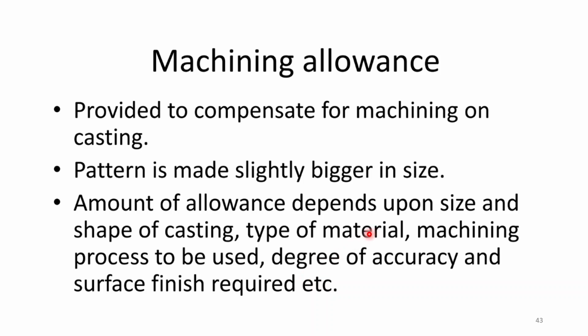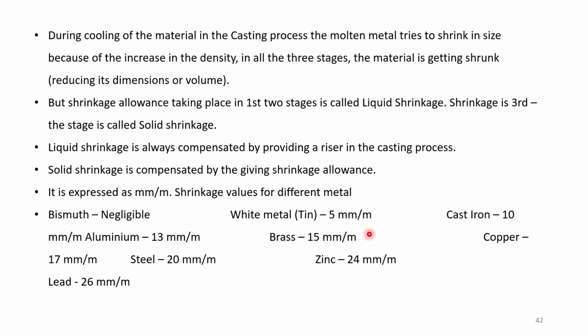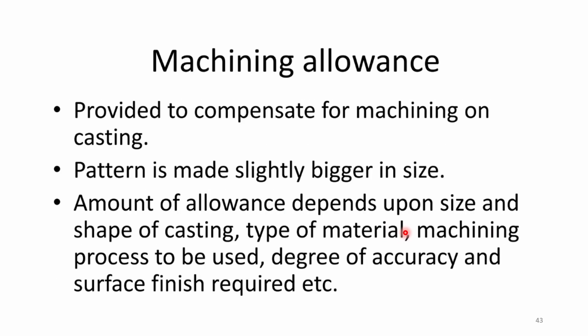Some materials require more machining for surface smoothing. It also depends on the machining process you are using, the degree of accuracy required, and the surface finish required. Based on those you decide. It won't be as accurate as your shrinkage allowance, where you know exactly 5 mm per meter of allowance you require. But here it depends on various factors.